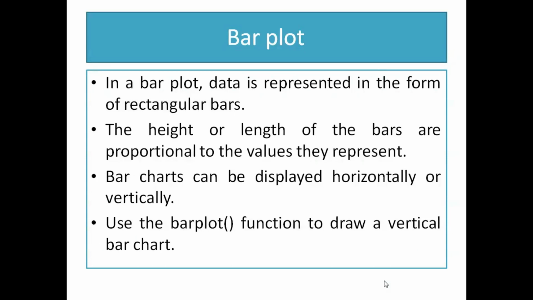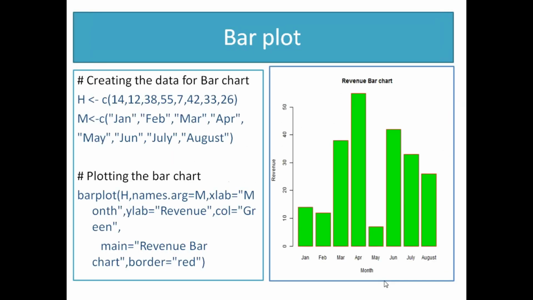Here the height or length of the bars is proportional to the values they represent, and it can be displayed horizontally or vertically. The function we use to plot is the barplot function. In the demonstration part I will show you how we can plot this graph.